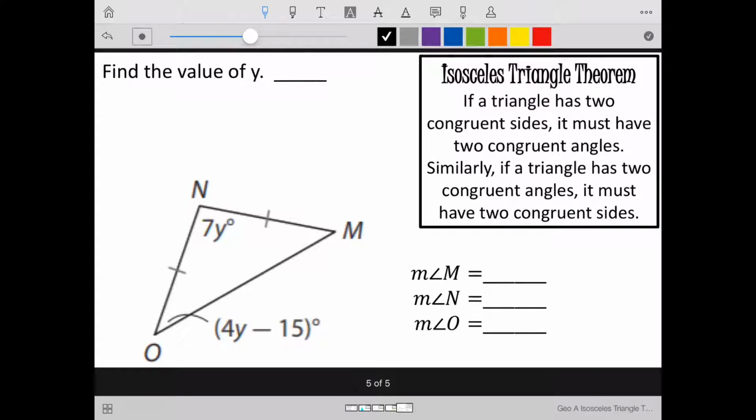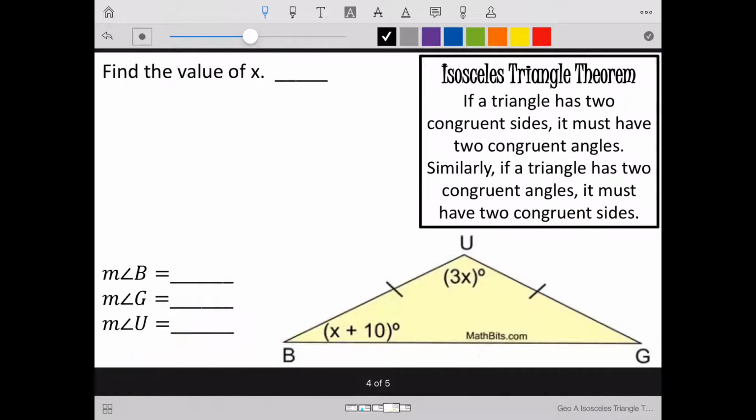Example number 3. We have a little bit more of a complex picture here, but let's keep in mind our Isosceles triangle theorem. In our picture, you can see that we have two sides that are congruent. Our theorem says that if a triangle has two congruent sides, it must have two congruent angles.